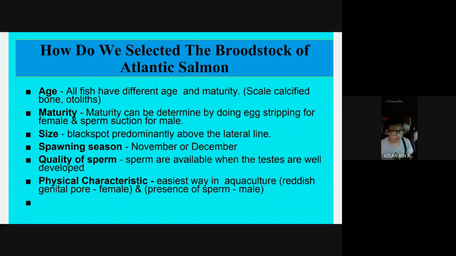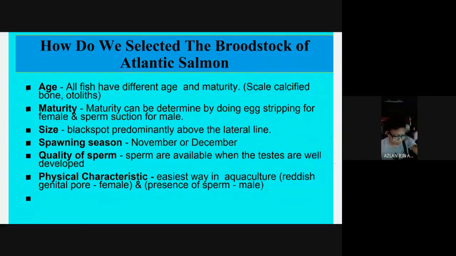And 90 to 95% of adult fish die after spawning, and some of the surviving fish may spawn again. Okay, and the female lays the eggs in a gravel depression known as a redd or spawning nest.